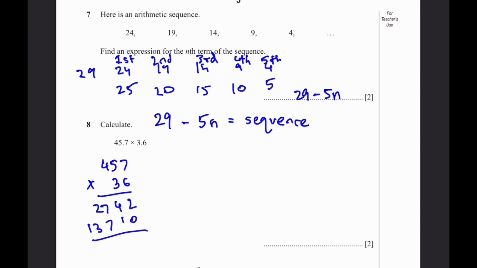And this is the answer. So now we just need to add up all this. 2, 5, 4, 6. So the answer is 16452 with 2 decimal places. So we add a point with these 2 decimal. So 164.52 is the answer.